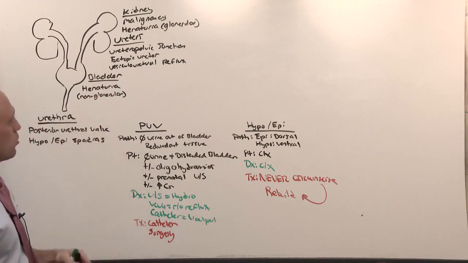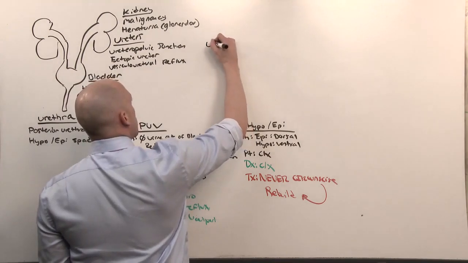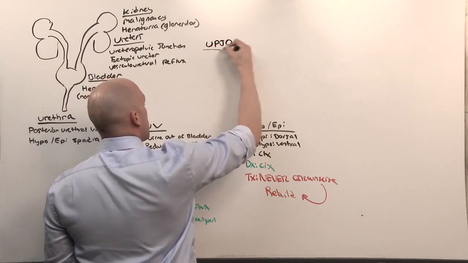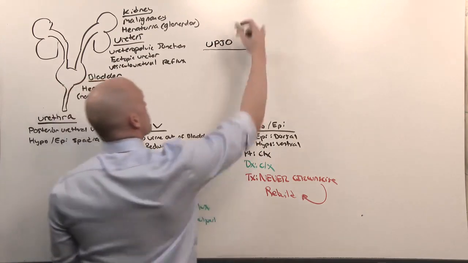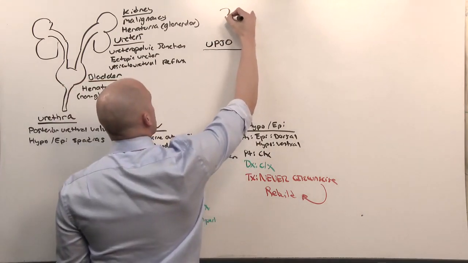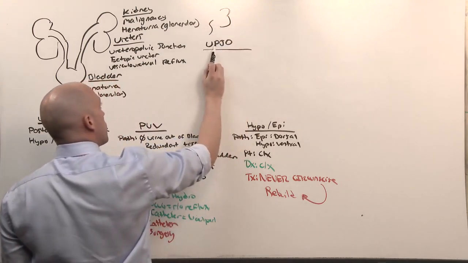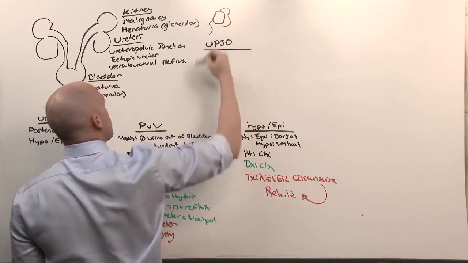Let's talk about the ureteral problems. The first one we want to talk about is the uretero-pelvic junction obstruction, and its cousin, the uretero-vesicular junction obstruction. This is the kidney, here is the ureter. At the uretero-pelvic junction, it's the renal pelvis that's obstructed.